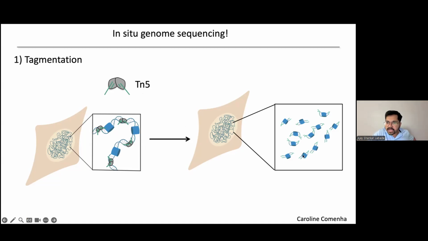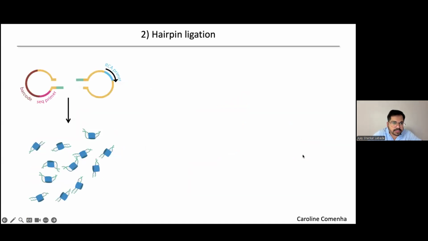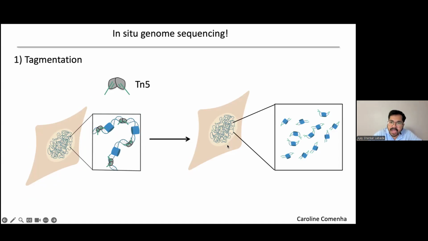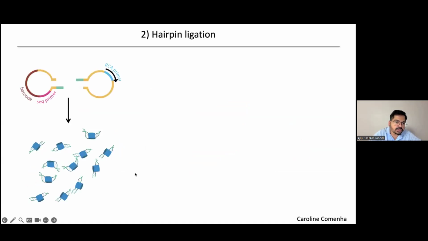So after that tagmentation is done, as you can see, it has these adapters at the end, this green DNA label here. The next step that we do is, since we know the sequences that are attached, these green sequences attached to the genomic DNA, we can now insert dumbbells.